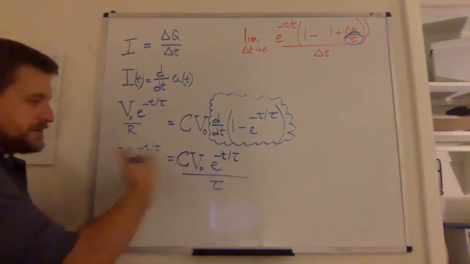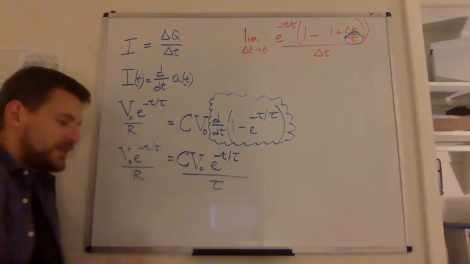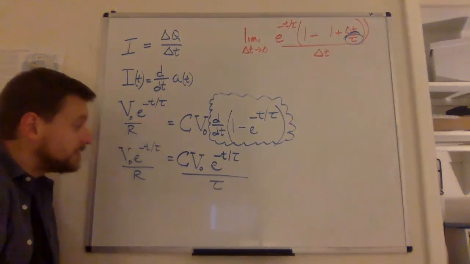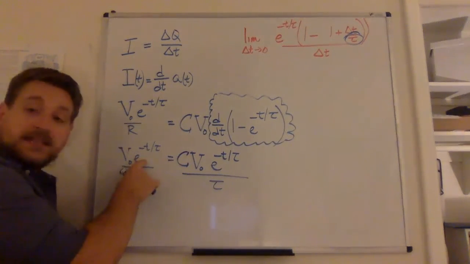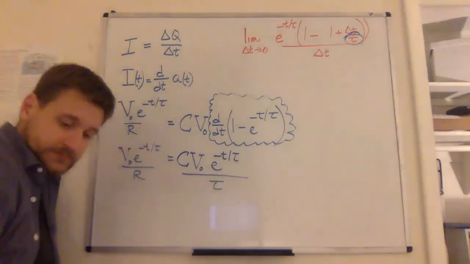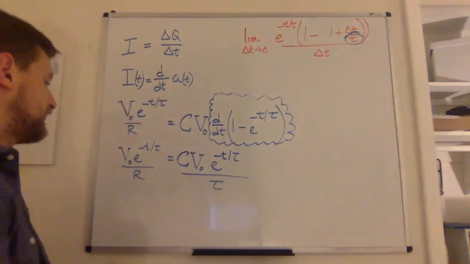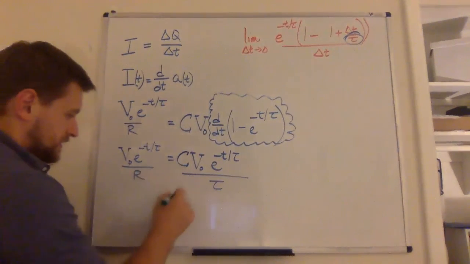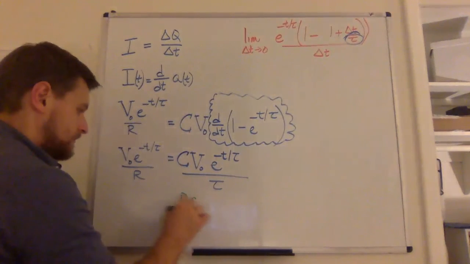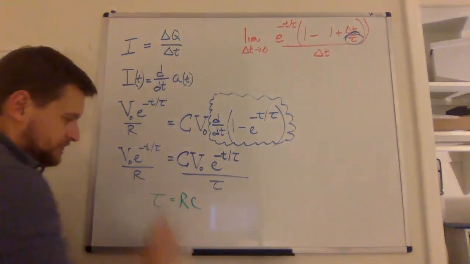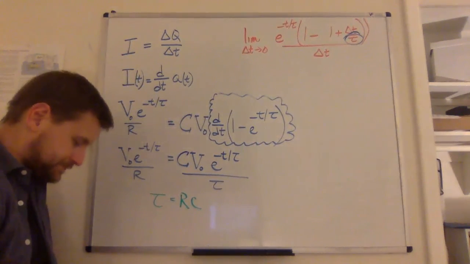That's the thing that lets us cross multiply, cancel the voltages, cancel the e to the negative t over tau. They're the same on both sides. And RC on this side is in fact equal to tau.